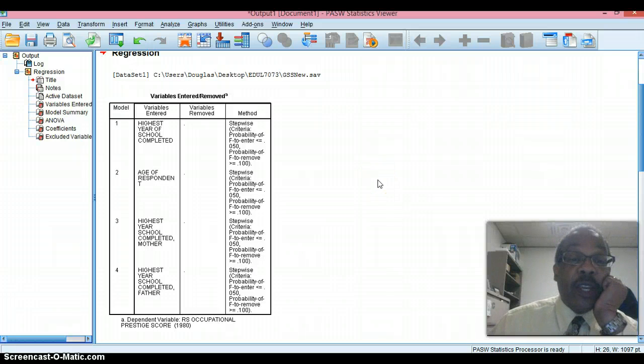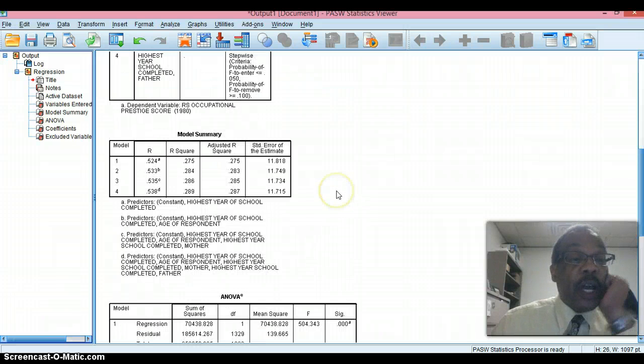And by the way, the order of importance is critical here. It says that highest year of school completed is the most important, followed by age, followed by years of education completed by mother, followed by father's education. Look at what the correlations are now.